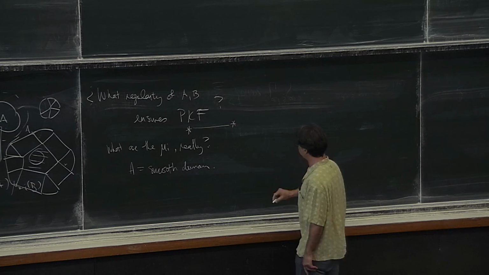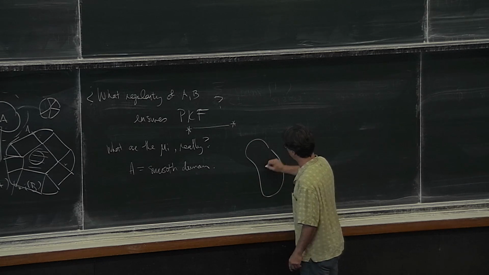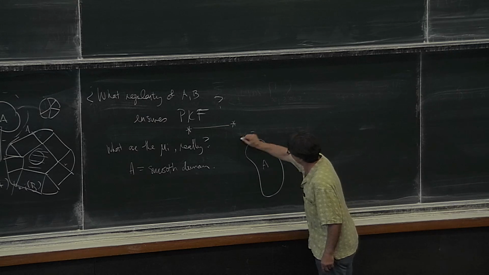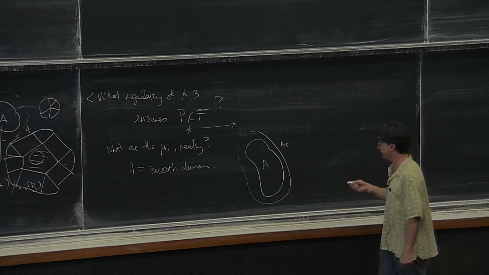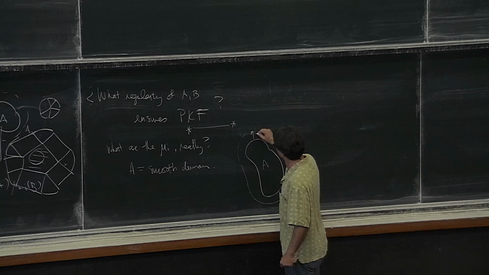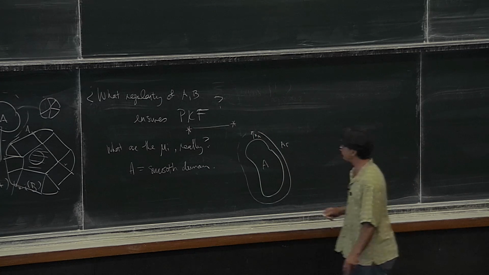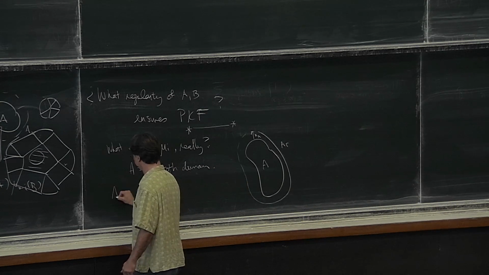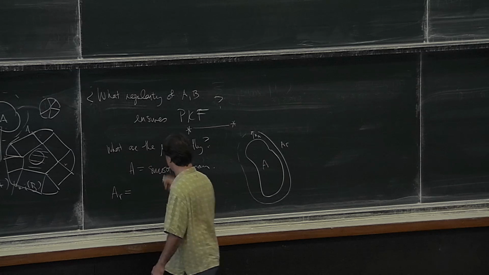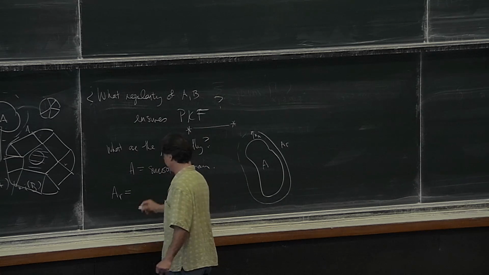And what we can do is as follows. We start with this object A. I want to express a small tube around it, A sub r, in a certain fashion. Well, this A has a certain normal field. I'll call it N sub A. And so this region, A sub r, can be expressed in the following way.